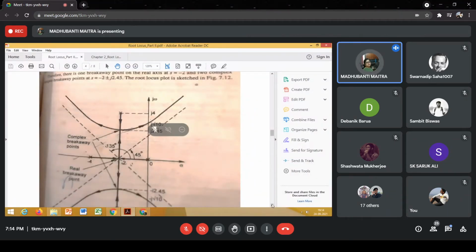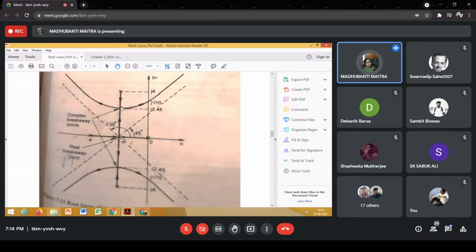Similarly, the conjugate of this point will also be a complex breakaway point. So you see this root branch is now approaching in this direction. This root branch, originated from this particular point, will move along this direction, and again they will meet at this point, and the point is located at s equal to minus 2 minus j 2.45. This is the third breakaway point, right?